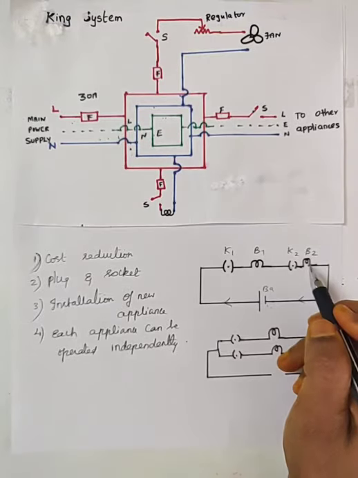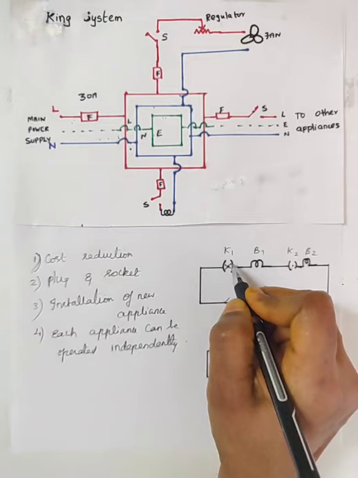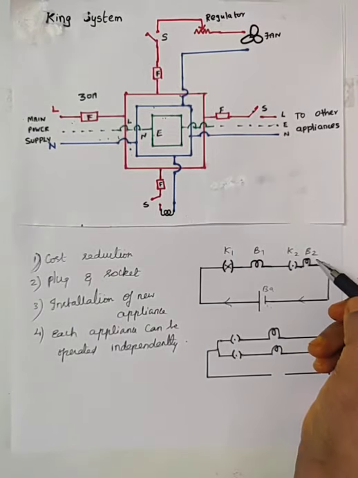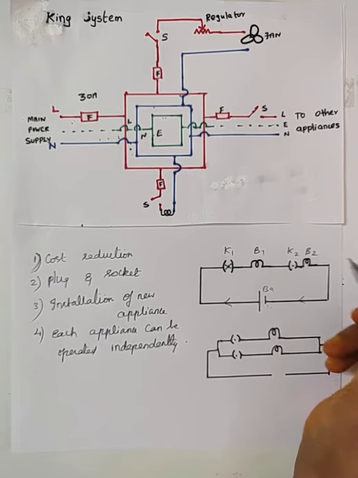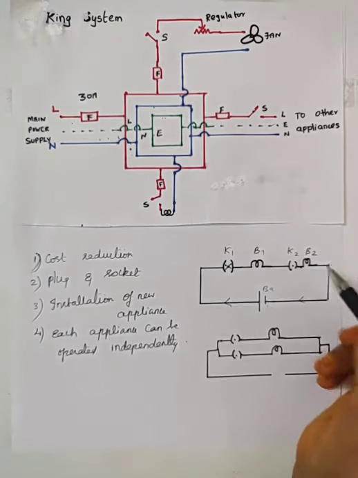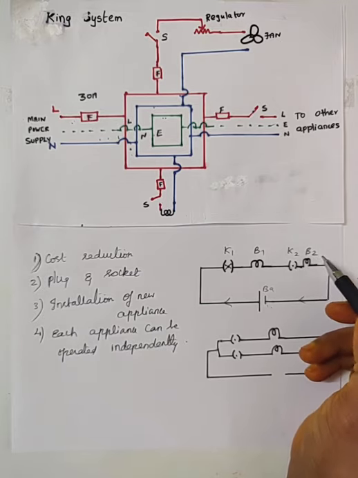But if the switch K1 is switched off, then the bulb B2 will also stop glowing. The reason is that the bulb B2 will be connected in an open circuit, so no current flows into the bulb B2 and it will not glow.